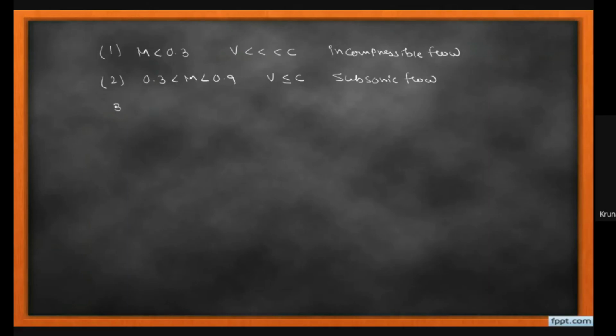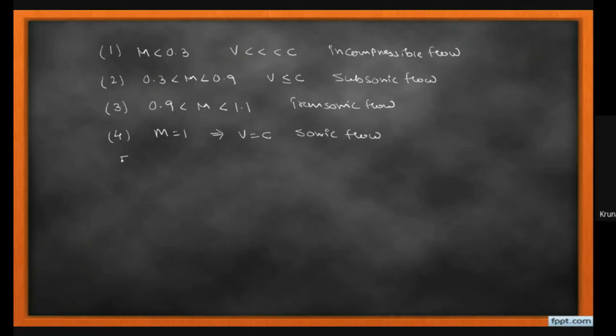Then the third regime of flow is when the Mach number lies in the range of 0.9 to 1.1, and that is called transonic flow. Examples are where shock waves appear, a mix of subsonic and sonic flow, like compressor blades. Then the fourth one, when the Mach number is exactly 1, which implies that the velocity of the object and the velocity of sound are equal, that kind of flow is called sonic flow.